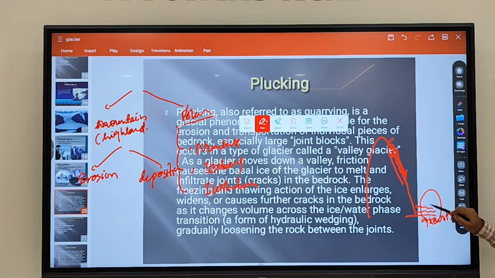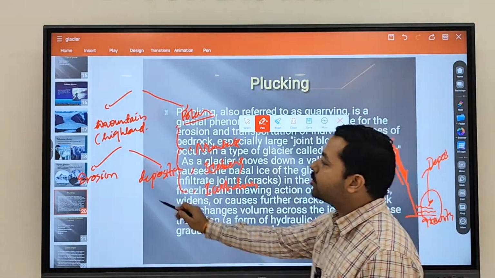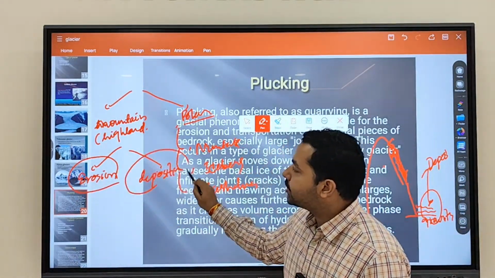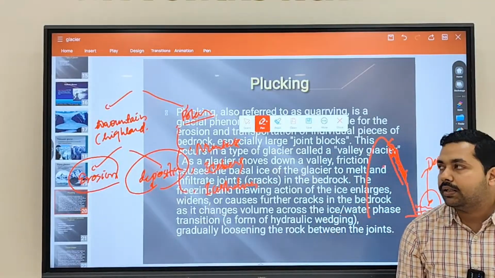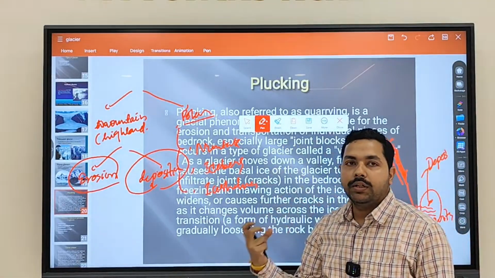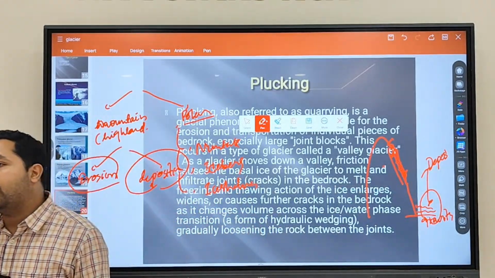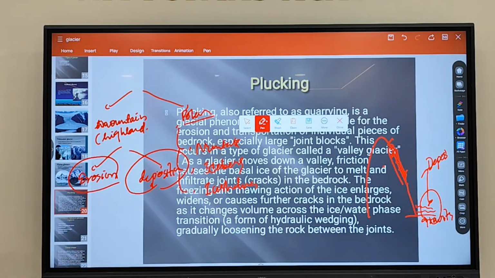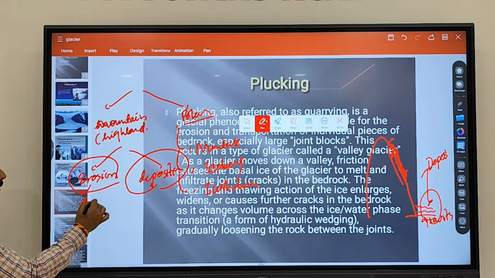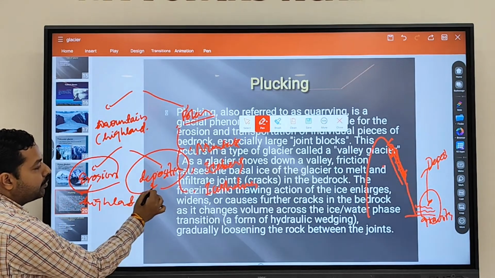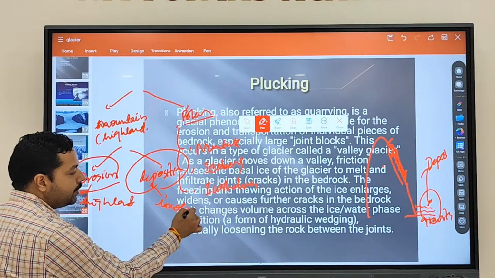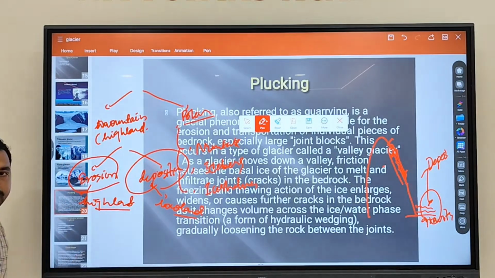They will start to deposit things. So deposition will happen where? In the lower part. Erosion will happen where? In the higher part. So that's why you will have erosional landform also, and you will have which type of landform? Depositional landform also. So at the mountain glacier, you will find two types of landform: erosional landform and depositional landform. Erosional landform at the highland region, depositional landform at the lowland region. Fine. Any doubt?